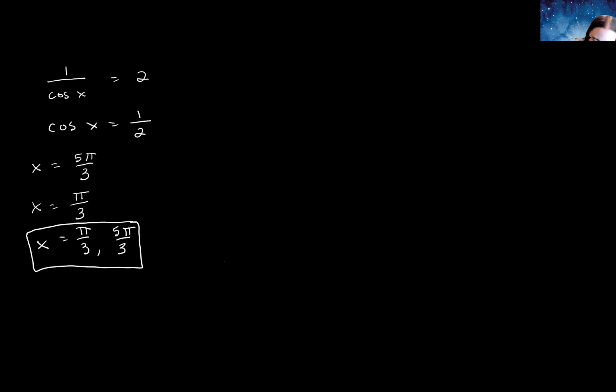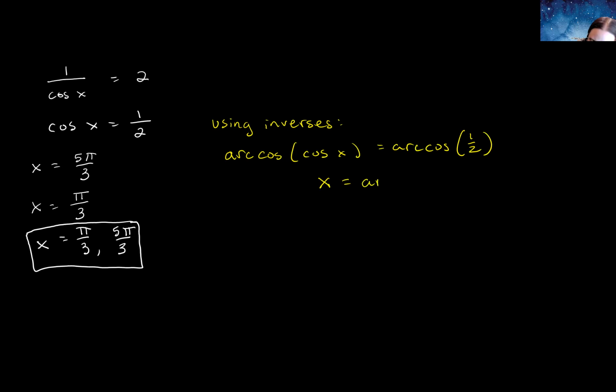Now, if you were to solve this using inverses, you're going to take the inverse cosine of both sides. And that cancels out the cosine. And then you have the inverse cosine, or arc cosine, of 1/2. But we need to make sure we can put 1/2 into there.